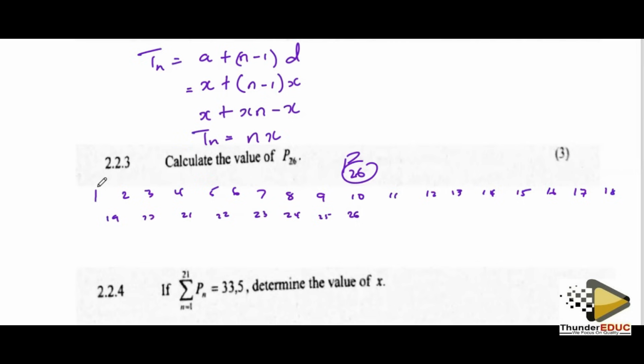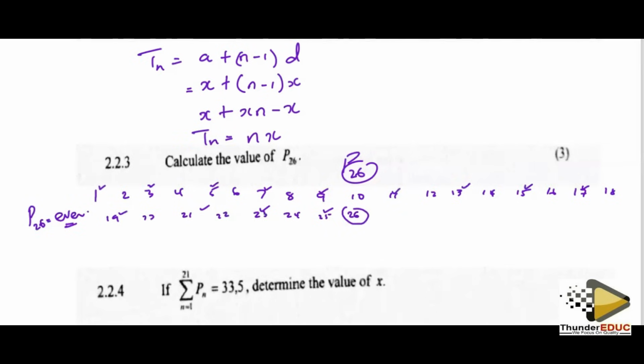So if the odd numbers are being represented by the arithmetic, which means P26 is going to be represented by the even, okay? Which even is the geometric.